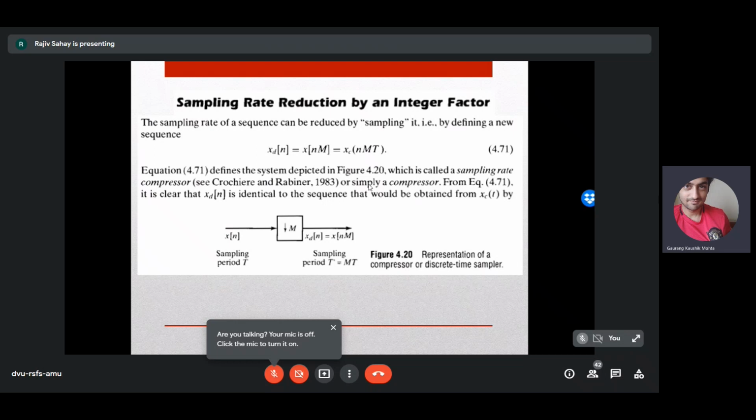In the time domain, you are keeping only a small part of the signal. In the frequency domain, the reverse of that will happen. So you are compressing a signal in the time domain, or downsampling the signal in the time domain; in the frequency domain, the bandwidth will expand. So this is the representation of a compressor or discrete time downsampler. Okay, is this clear? So we are doing a downsampling operation.